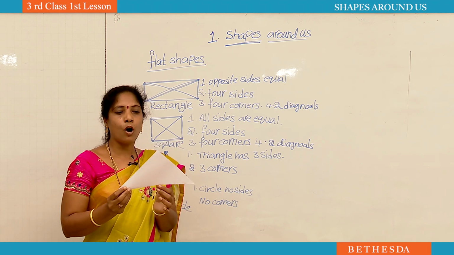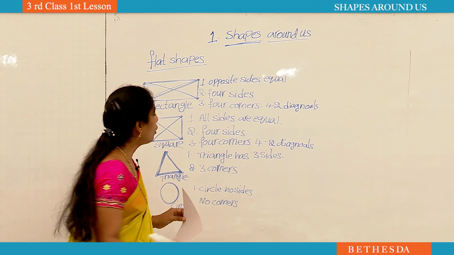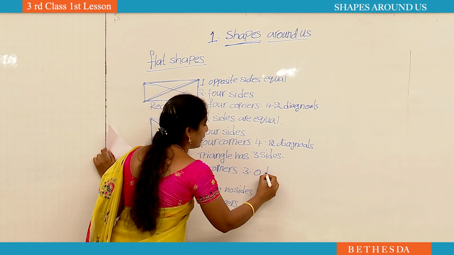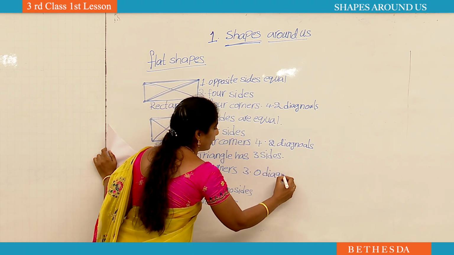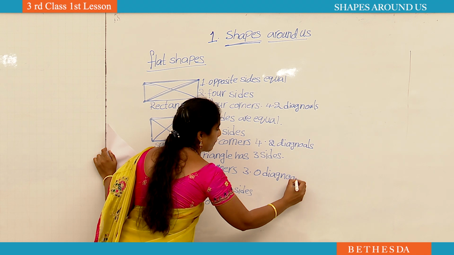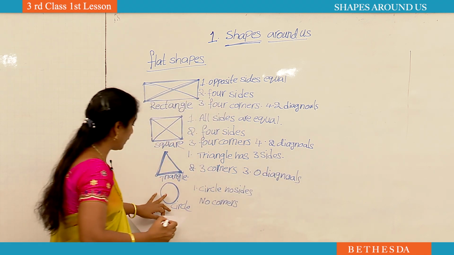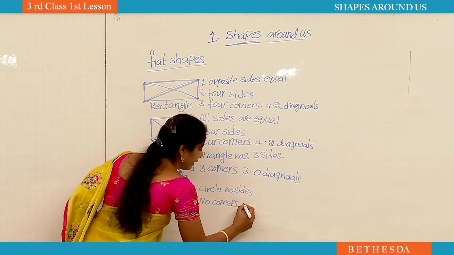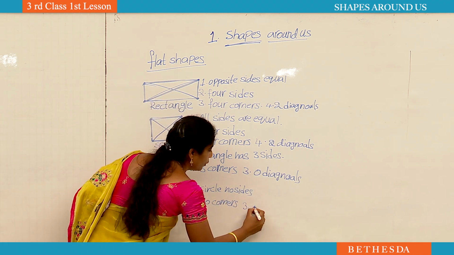Triangle has no opposite corners, that's why no diagonals. 0 diagonals. Next, circle also doesn't have corners, that's why it doesn't have diagonals. 0 diagonals.